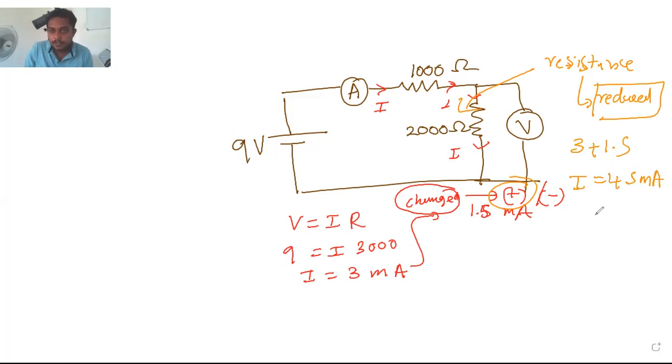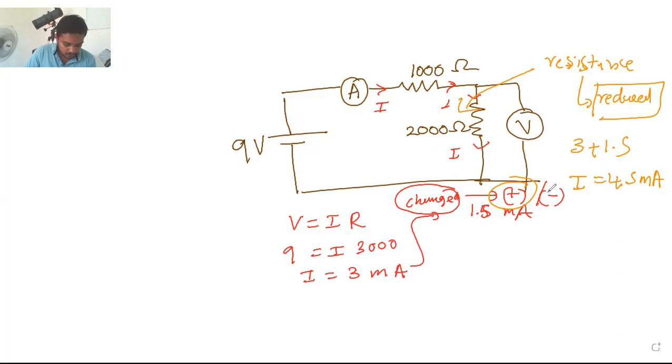Previously it is larger than this value because the resistance is less. Resistance less means current is high. It is 4.5 milliamperes.